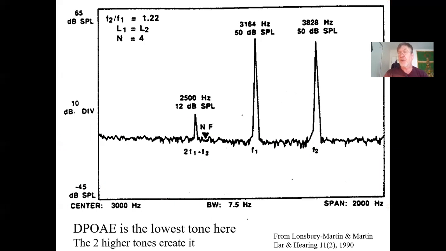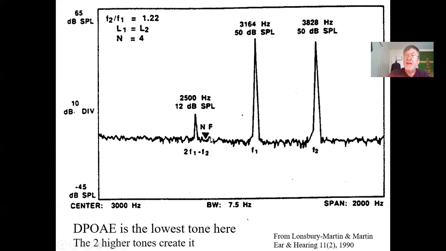Here's a spectrum of otoacoustic emissions. Here's one frequency. See, this horizontal line here is the noise floor in your ear canal. Very, very soft. And frequency 1 and frequency 2. You can see that they're different frequencies, and they're put into the ear, and here's the 3rd frequency coming out.